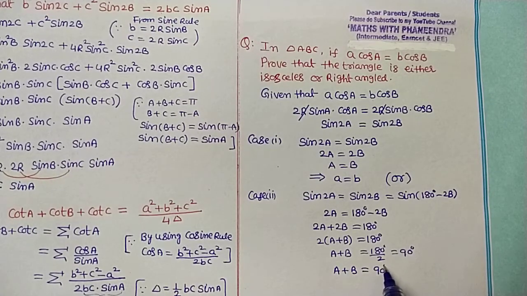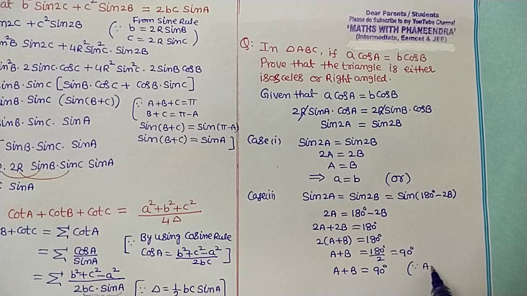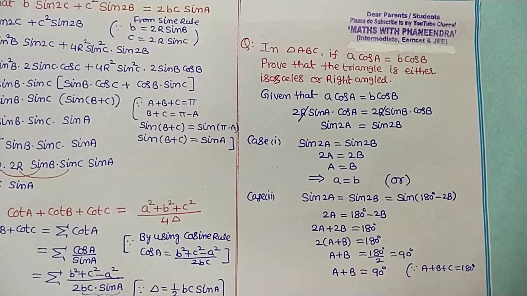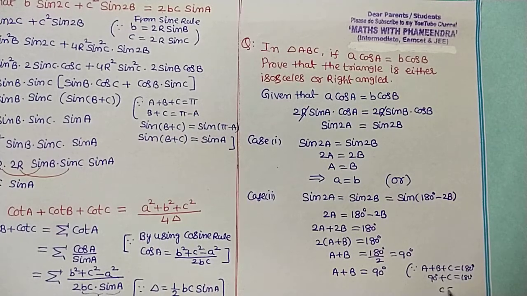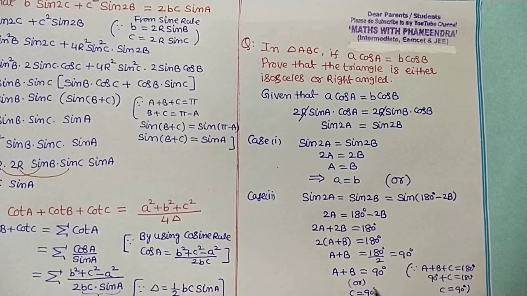Whenever A plus B equal to 90, obviously angle C is equal to 90 degrees. Since A plus B plus C equal to 180, whenever A plus B is 90, C is equal to 180 minus 90, C is 90. A plus B equal to 90 or C equal to 90 degrees.